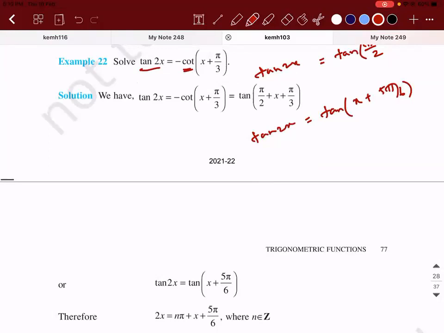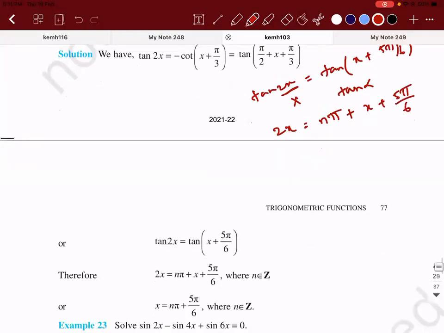So tan x is equal to tan alpha, then x is equal to n pi plus alpha. Accepted? N pi plus 5 pi by 6.